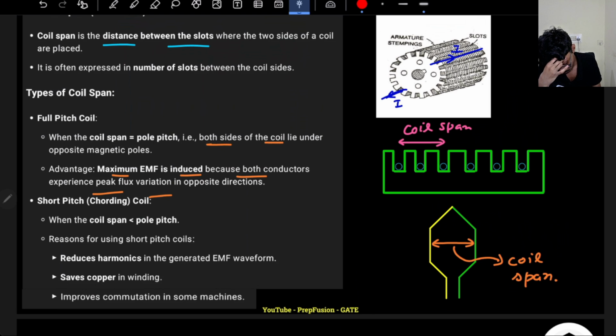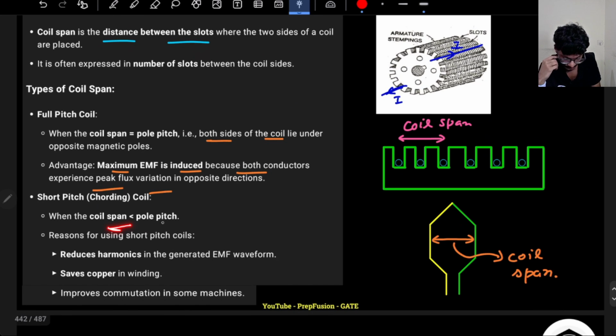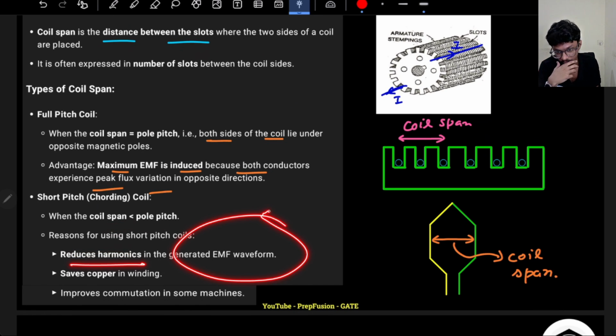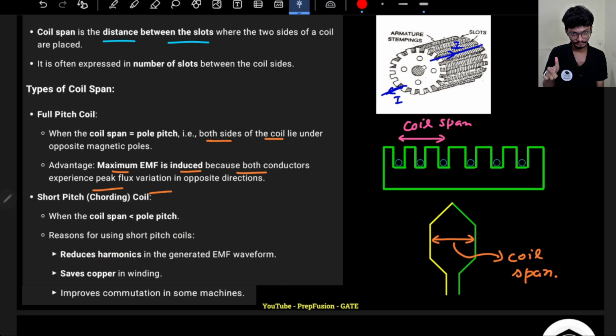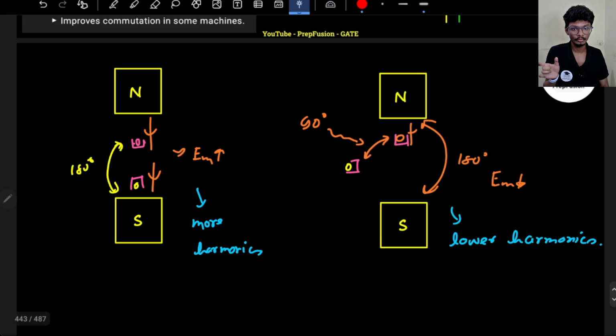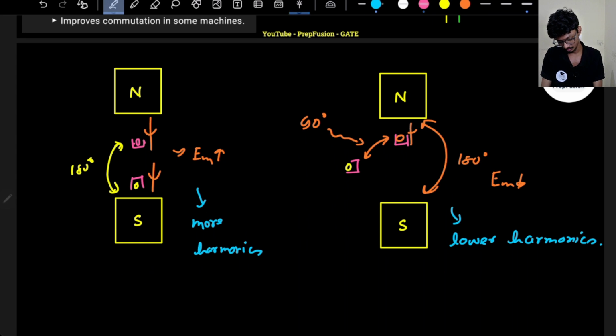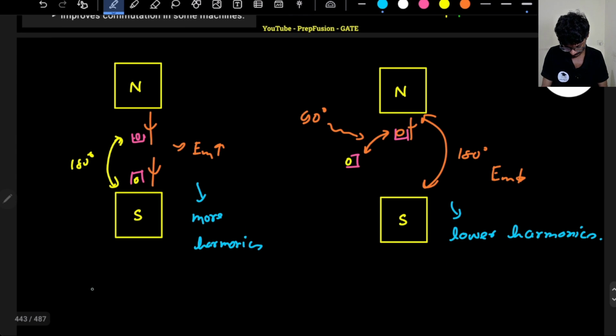So, reasons for using short pitch coils. Same thing, the coil span will be less than the pole pitch. Reasons: reduces harmonics generated in the EMF waveform. Okay, how? I will explain. I will not explain theoretically, but the formula I will give. There is a factor known as the harmonic pitch factor.